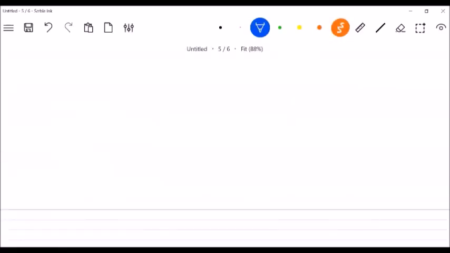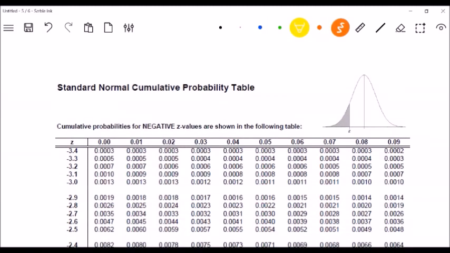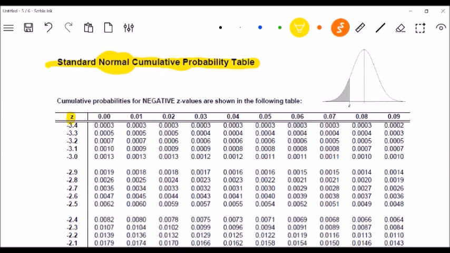It's actually called the standard normal cumulative probability table. Normal is the bell curve. What it starts with is negative z-scores here. So we're looking at negative 3.4, and then this one gives the second decimal. If it was negative 3.48, we go over to here, and this would be the number for it. But that's actually not the one that we're using.